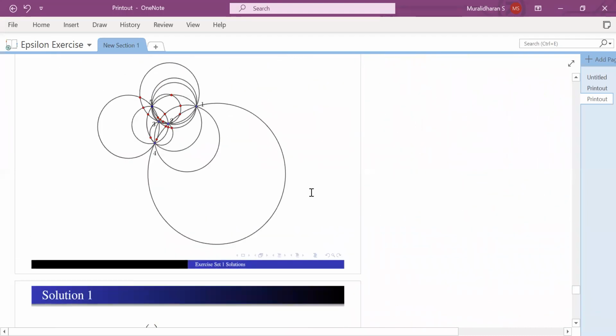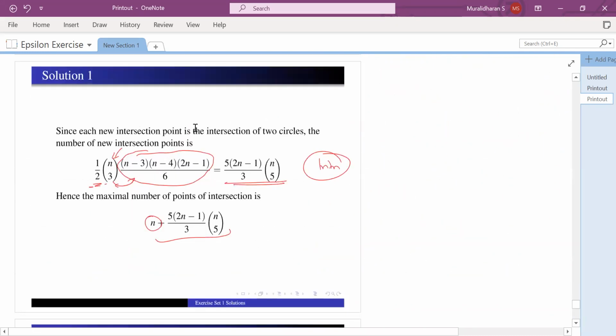For instance, if I have 5 points, what will be the number I should get here? It will be the original 5 plus 5 into 2 into 5 minus 1 divided by 3 into 5C5. 5C5 is 1. So I have 5 plus 5 into 9 by 3.